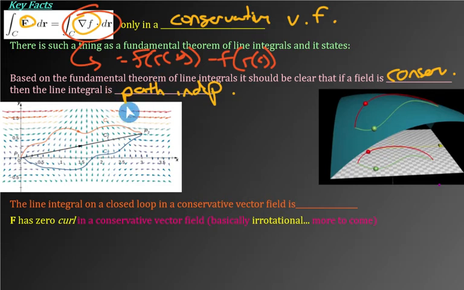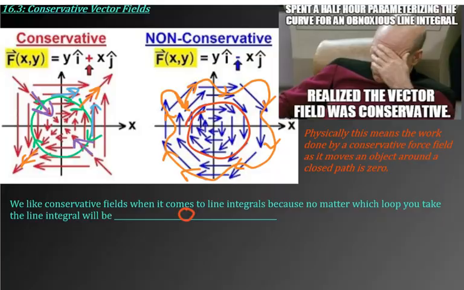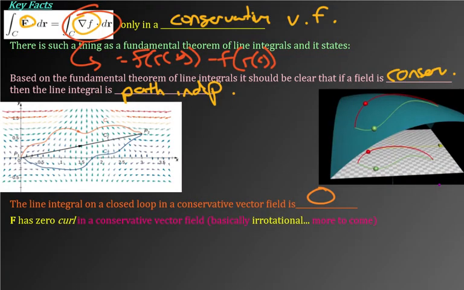But basically, there's this nice result that you can take any path you want. That's nice. And the line integral on a closed loop in a vector field, super, super nice, is 0. Don't be Jean-Luc Picard over here and spend forever trying to parameterize conservative vector fields. And then this one is something that I'm not going to say too much about right now, but if you've taken some physics, you might already know that word.